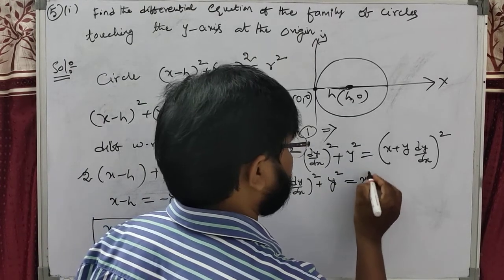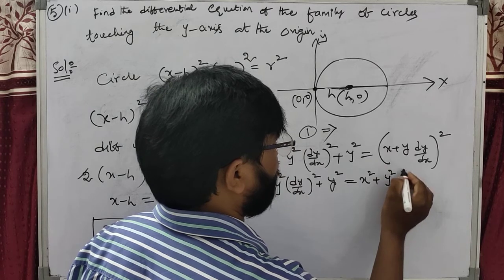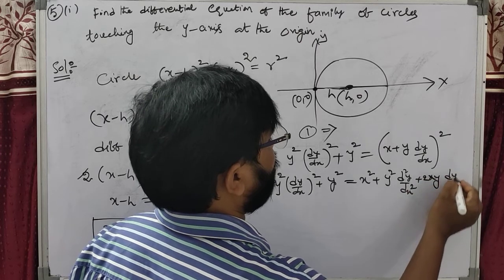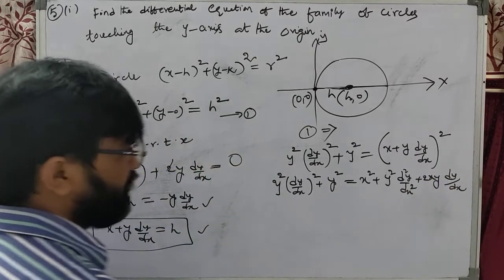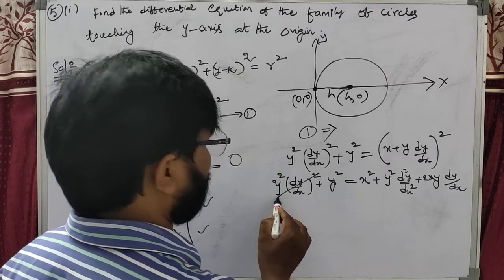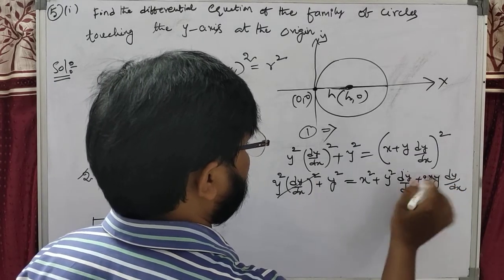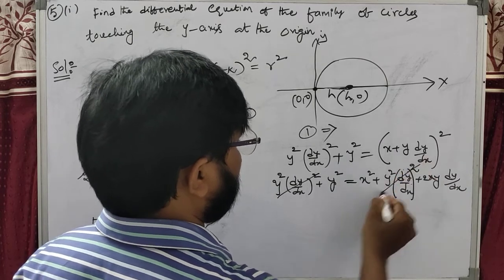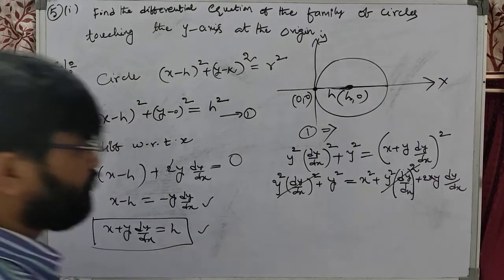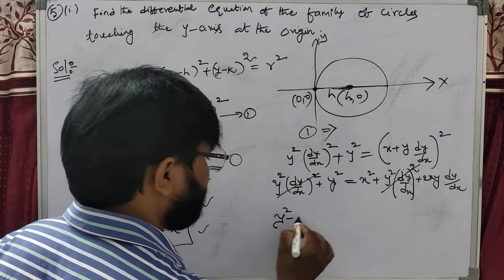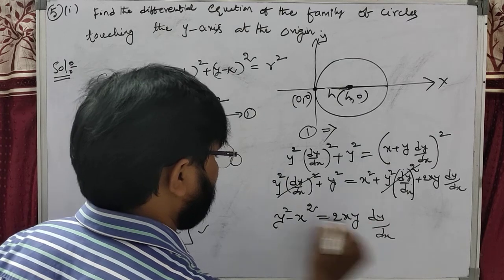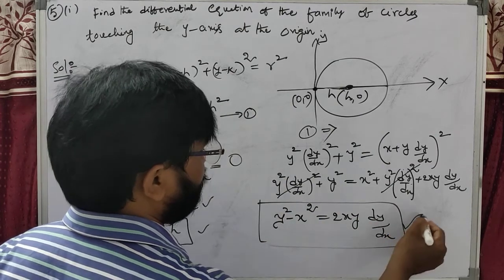Now this is x² plus y²(dy/dx)² plus 2xy dy/dx, using (a + b)² = a² + b² + 2ab. I made a mistake here, this is y²(dy/dx)². Now the y² minus x² equals 2xy dy/dx. This is our required equation.